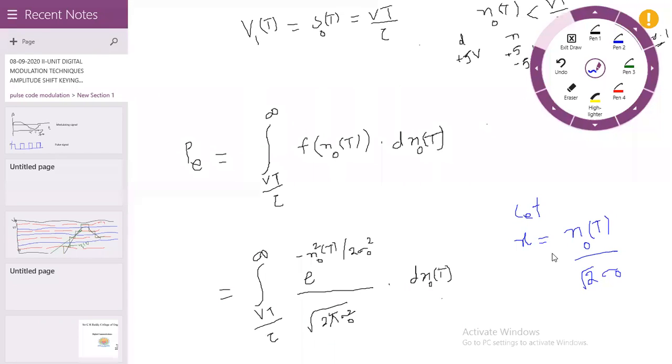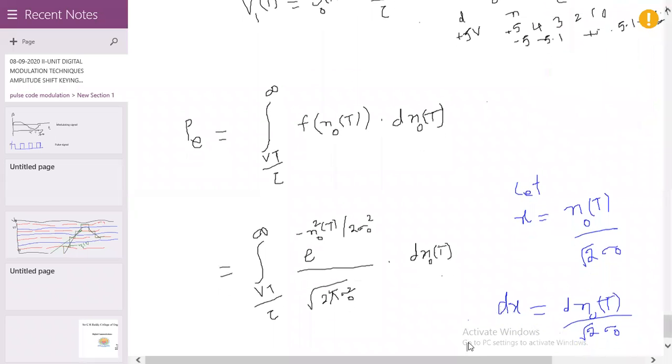Here x is equal to n naught of t by root 2 sigma naught. Therefore, dx is equal to d n naught of t divided by root 2 sigma naught.